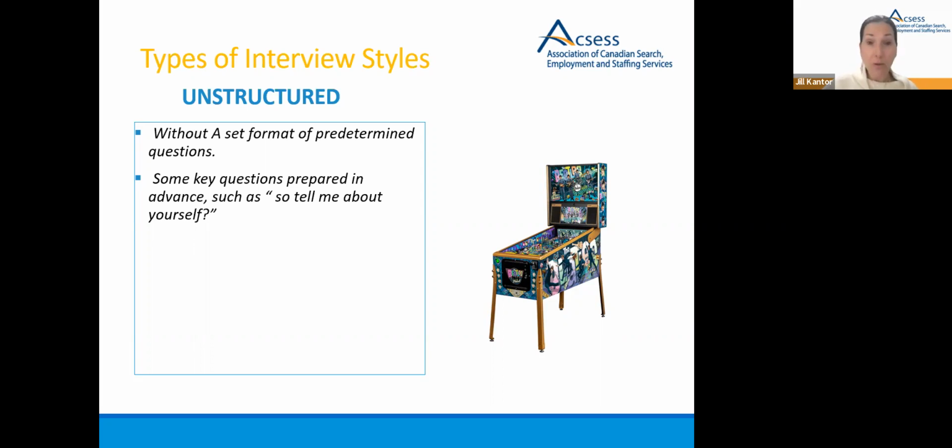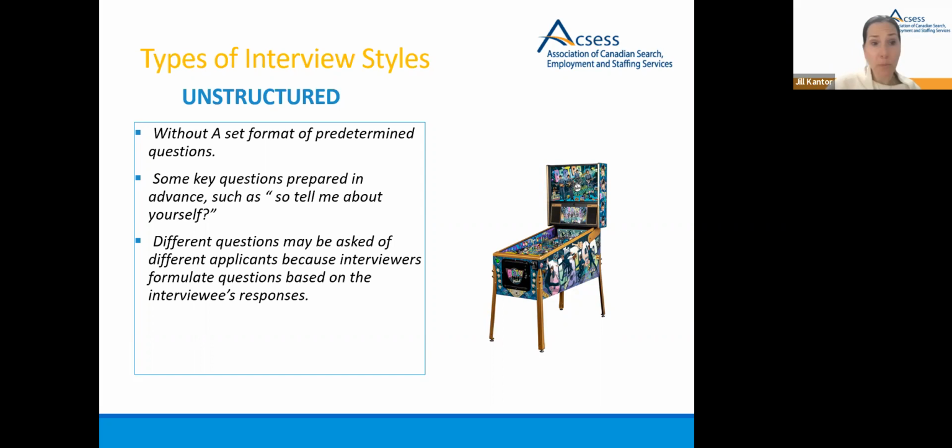And then it's really harder, if you did that side-by-side comparison in your mind or physically, to have an accurate measure of which candidate truly is the best fit if different questions are being asked. Different questions may be asked of different applicants because interviewers formulate questions based on the interviewee's responses.